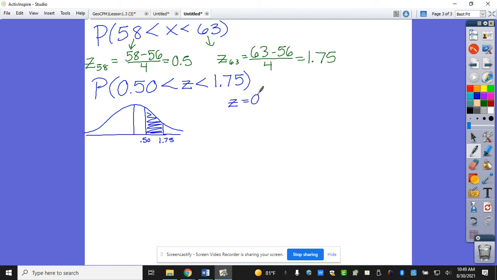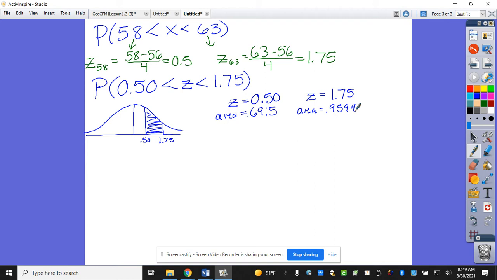When Z equals 0.50, your area is what? 0.6915. When Z is 1.75, it's what? 0.9599.